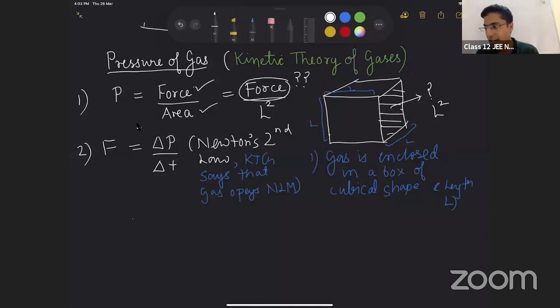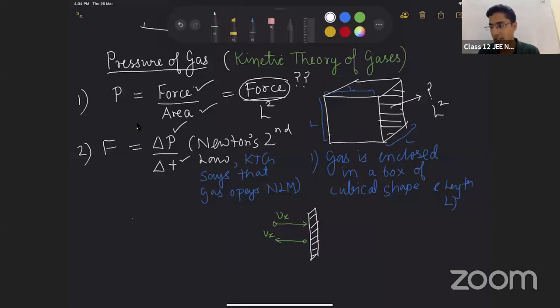Now, what is delta P? To compute force, I need to compute delta P and delta T. I need to find the change in momentum of a molecule and the time required for a molecule. So now if you take a wall, there is a molecule coming here with speed. Let's take only the x direction. Let's assume that Vx is the speed with which it hits. Now it will rebound with Vx, correct?